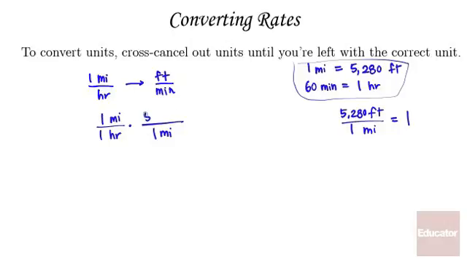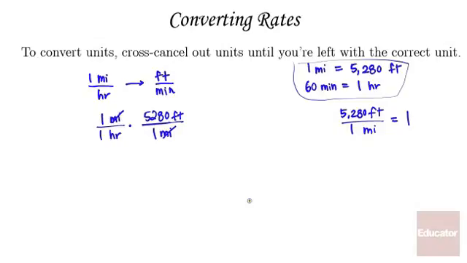On the top, it's going to go 5,280 feet. That way, this and this will cancel, right? Again, this whole thing is just equal to 1. So I can just multiply it by this if I want. It's not going to change my answer because I'm just multiplying it by 1.